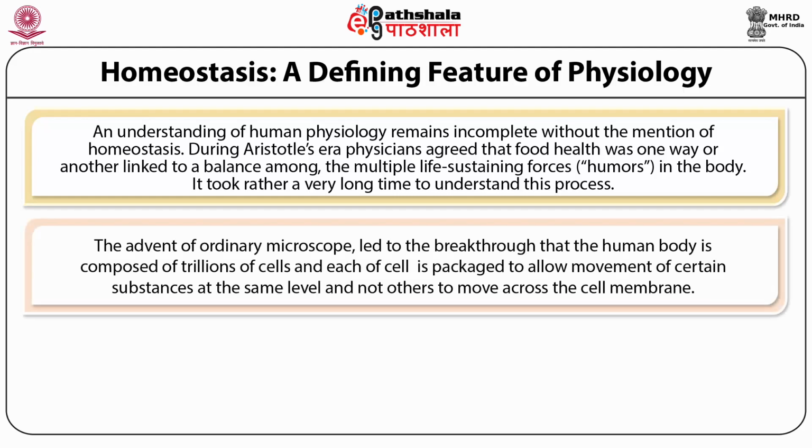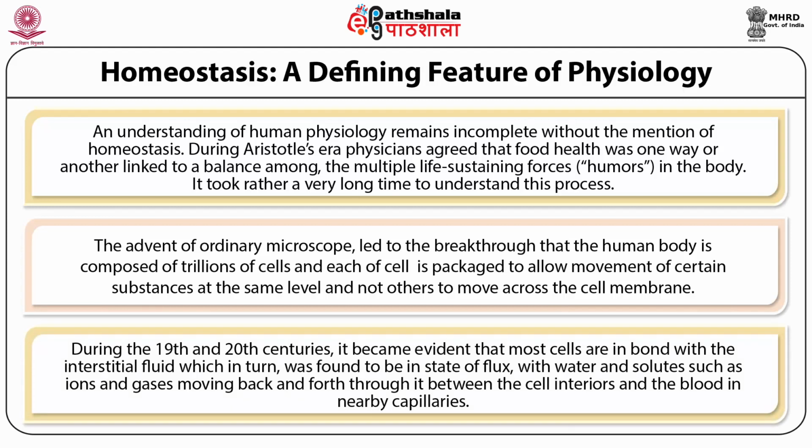The advent of the ordinary microscope led to the breakthrough that the human body is composed of trillions of cells, and each cell is packaged to allow movement of certain substances and not others to move across the cell membrane.